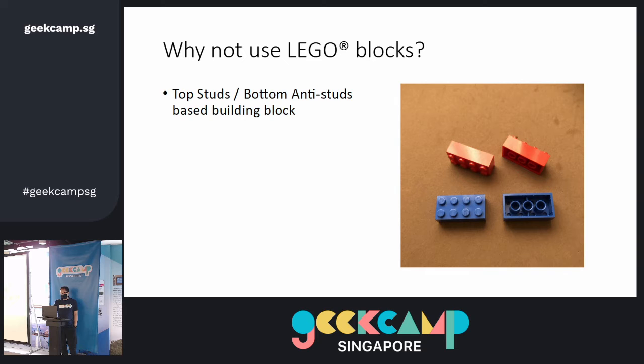Also, there's a trend for hardware to become more open source, like RepRap. 3D printing used to be very expensive. Right now you can get 3D printers from AliExpress for less than $200. It used to cost $200 just to make one model, maybe 10 or 20 years ago.